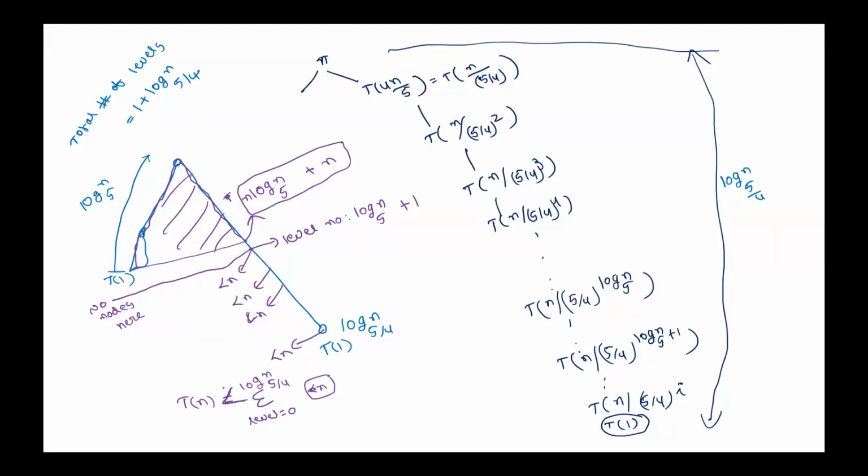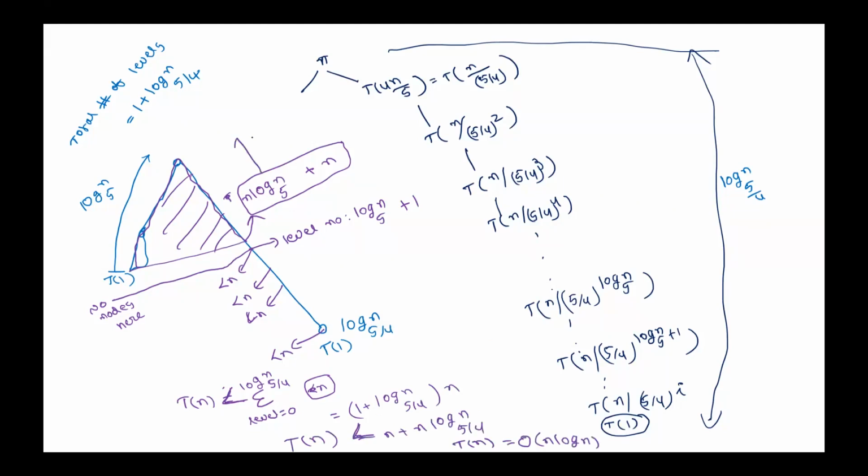If you simplify this, what do we get? 1 plus log n base 5 by 4, into n, which is n plus n log n base 5 by 4. But T of n is less than this much. Based on this, T of n is big O of n log n.